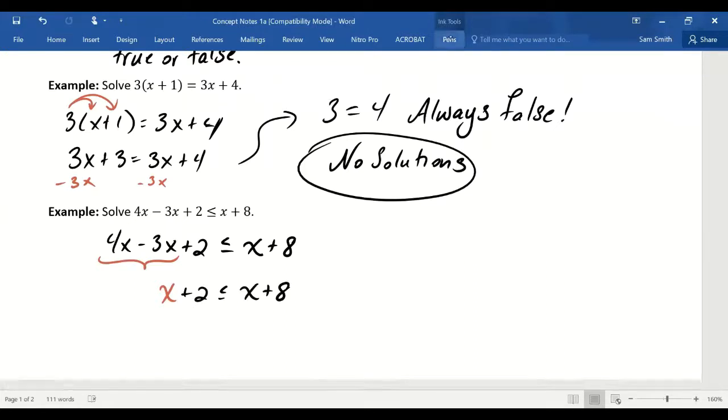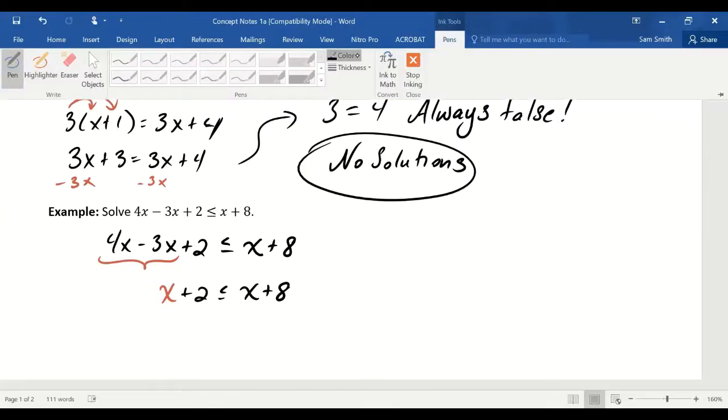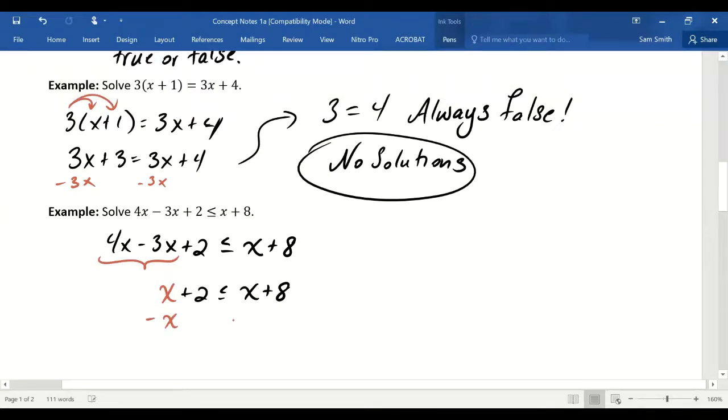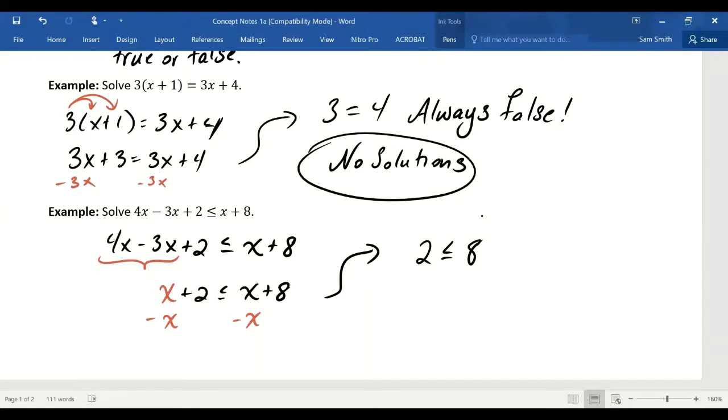Now, once again, if I try and combine my like terms here, I'm going to run into a situation where all the x's on the left-hand side and all the x's on the right-hand side completely cancel out. And I'm left with a statement that has no variables in it. 0 is less than or equal to 8.